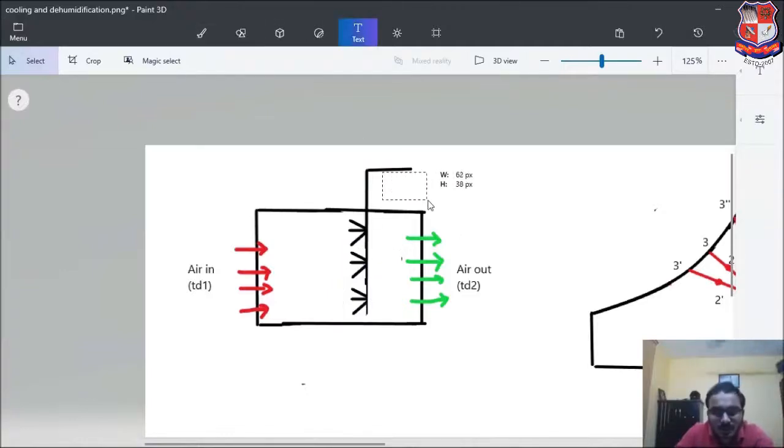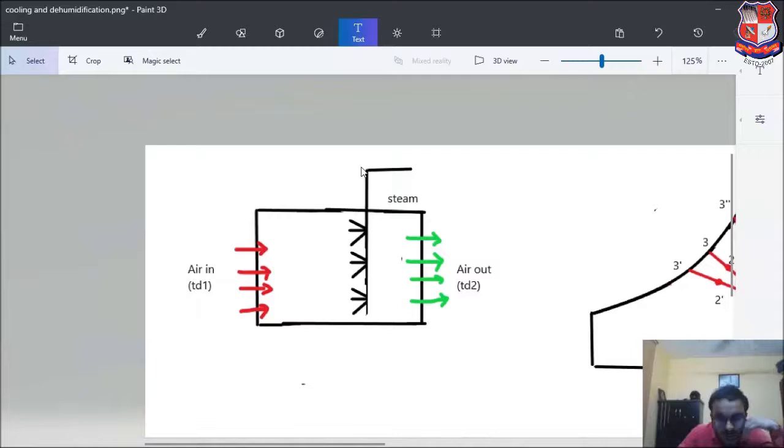So we can put this as a, this will be our steam. Okay, now the same thing will happen here: air is entering, and the steam is injected here through a spray. These are steam injection nozzles.